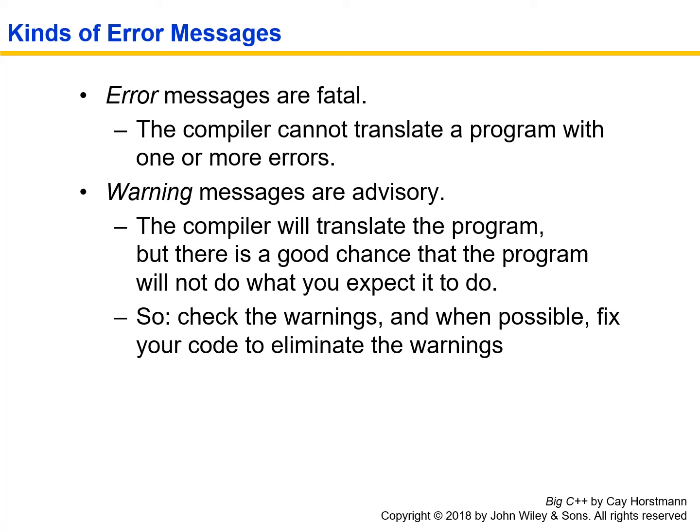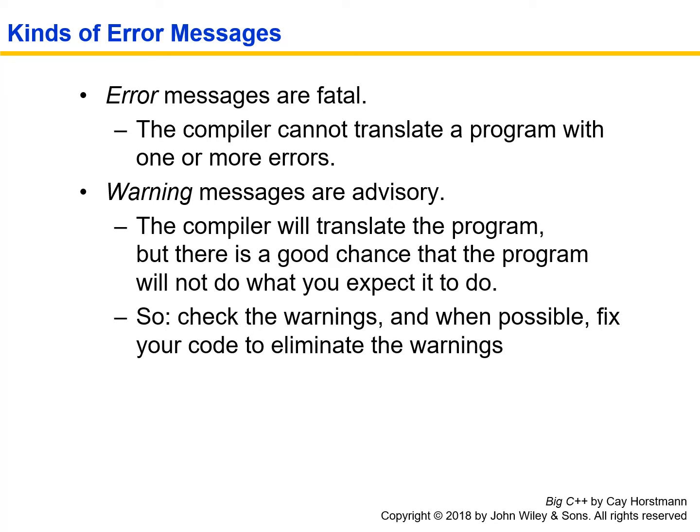Okay. I mentioned on the last page error messages versus warning messages. If a compiler issues an error, that means it cannot translate the program because there's something that doesn't follow legal C++ coding practices. You forgot a semicolon somewhere, or any number of other illegal things.